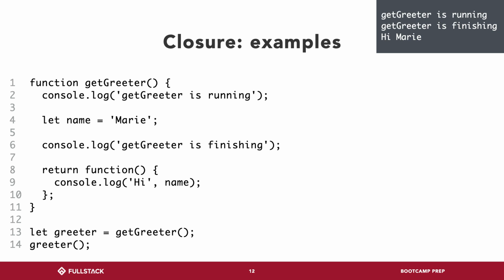The returned value of getGreeter is just this random function. Okay. So now greeter becomes this random function. And then you call that random function. And JavaScript is like, where is this? Oh, it's in here. So it has access to this entire function when it's running it, because it's defined in here. So the name is defined here, so that's why this works.